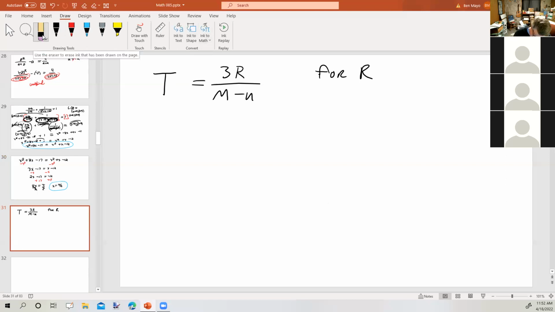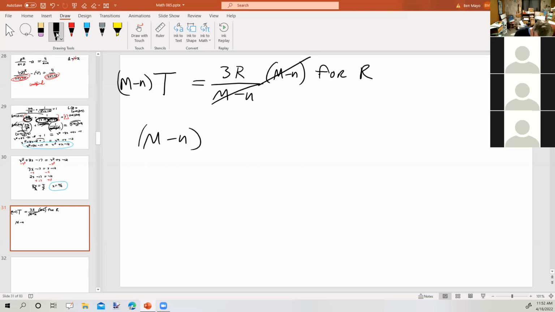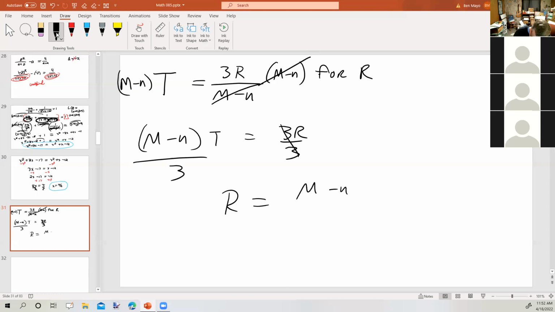Well, I'm going to clear the fractions. So I'm going to multiply both sides by big M minus little n. So that would get rid of those. So I've got big M minus n times t equals 3r. I'm going to divide both sides by 3. So capital R is m minus n all times t over 3.